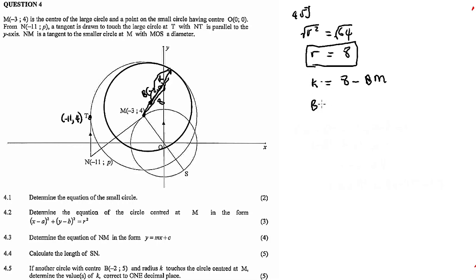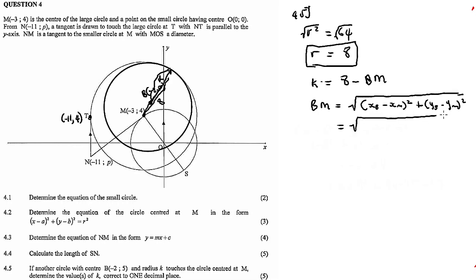So bm is equal to square root of xb minus xm squared plus yb minus ym squared. xb ubani?